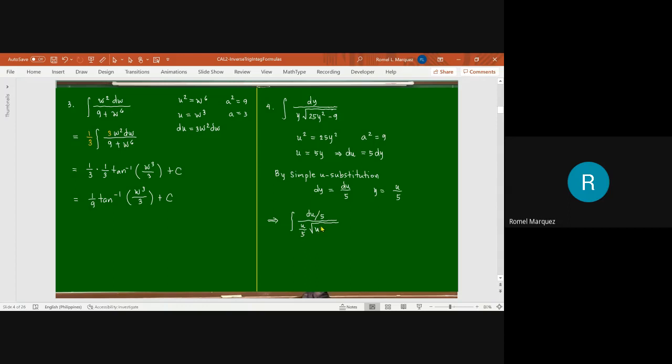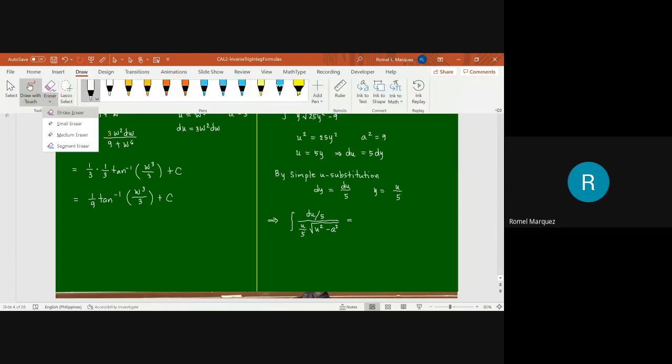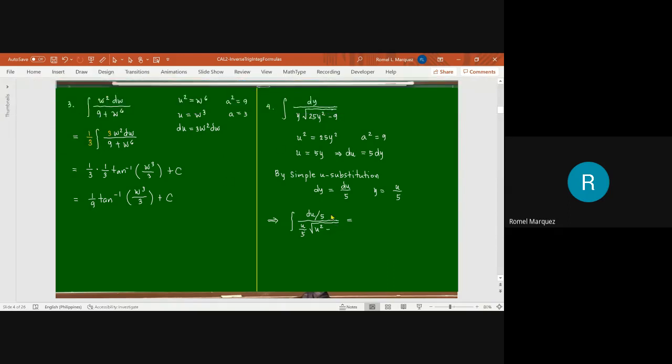That is u squared. 9 is a squared. So we're now seeing the formula inside now. So let's manipulate so that it is really of the form du over u square root of u squared minus a squared. But what is a squared by the way? Ang a squared natin is 9, no?